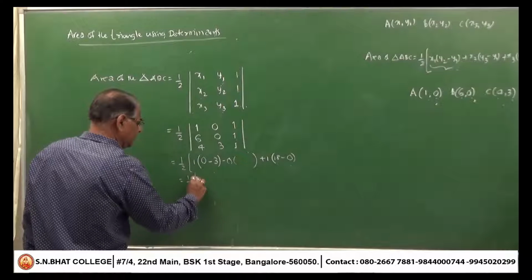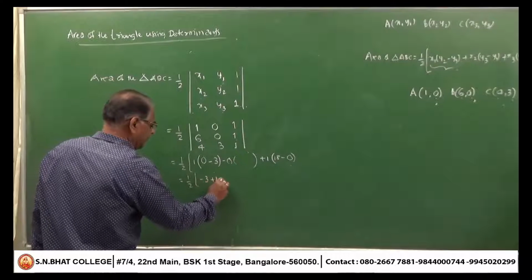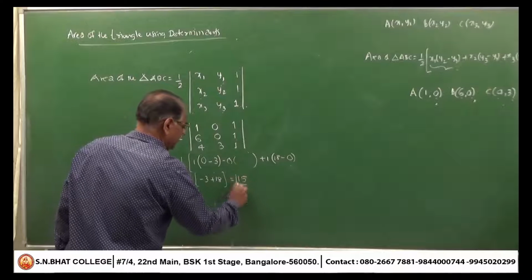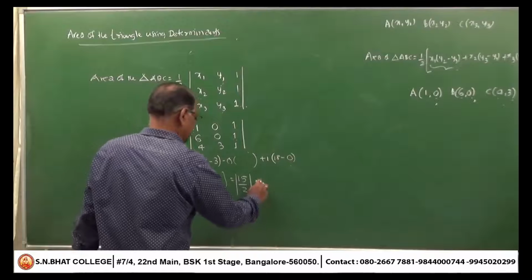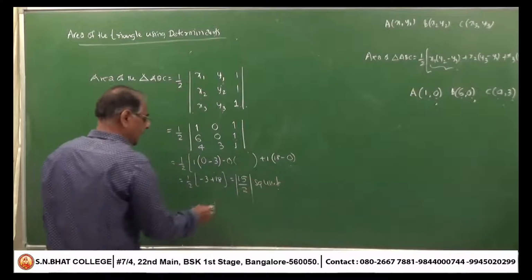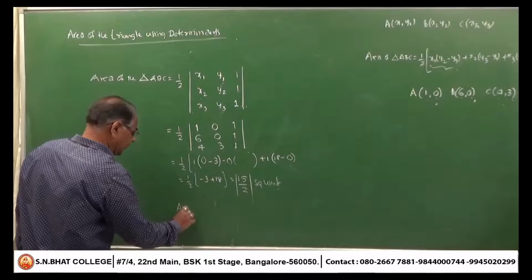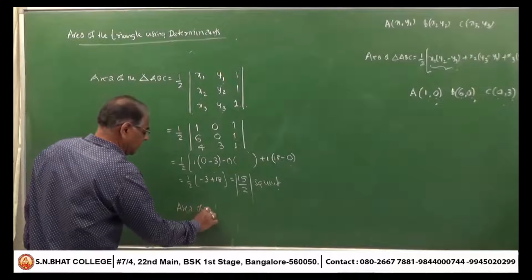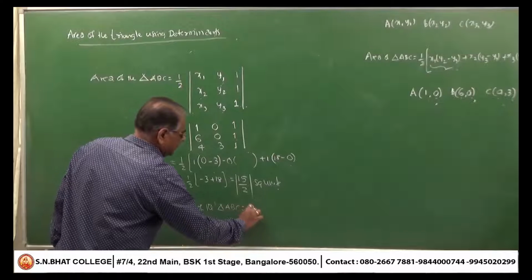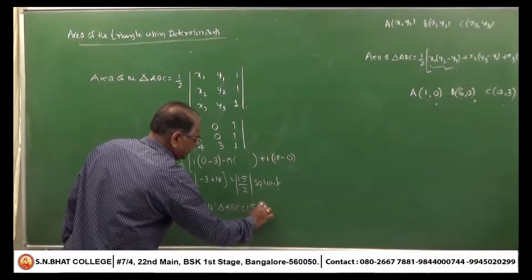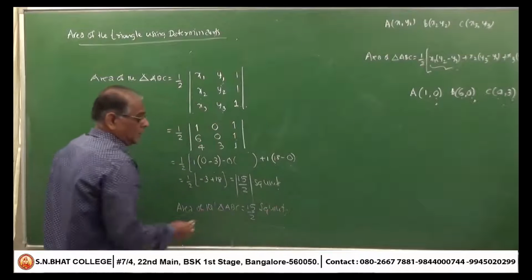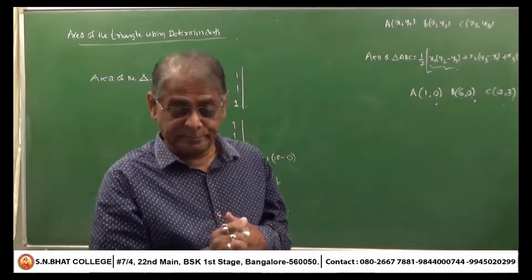This is half into minus 3 plus 18. This is 15 by 2. Take modulus if you get negative sign. Square units. Therefore, area of the triangle ABC is 15 by 2 square units. Take modulus if you get negative. Area can't be negative.